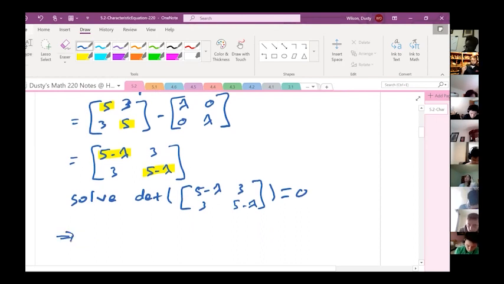To find the determinant of a 2x2 matrix, you're going to do your AD minus BC. So we will have (5 minus lambda) times (5 minus lambda) minus 9 equals 0.